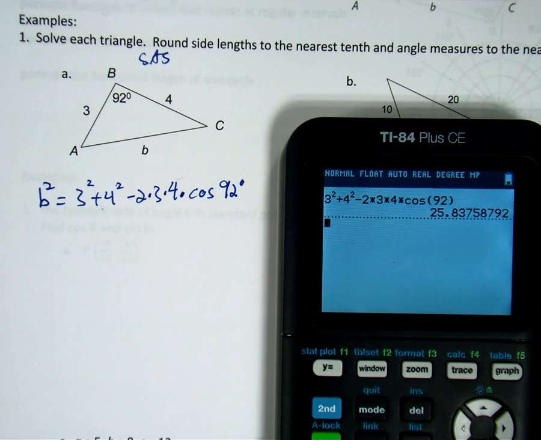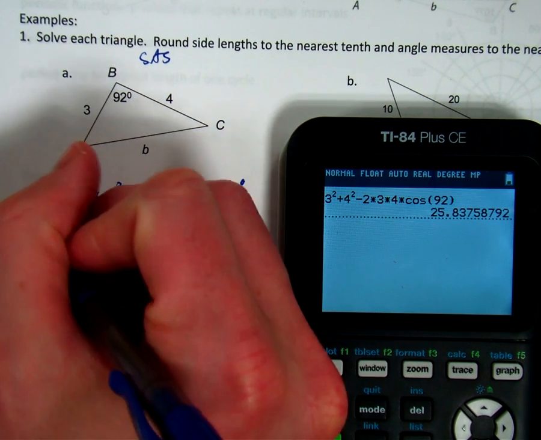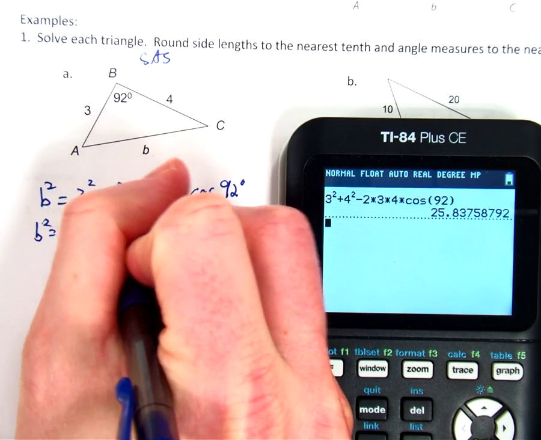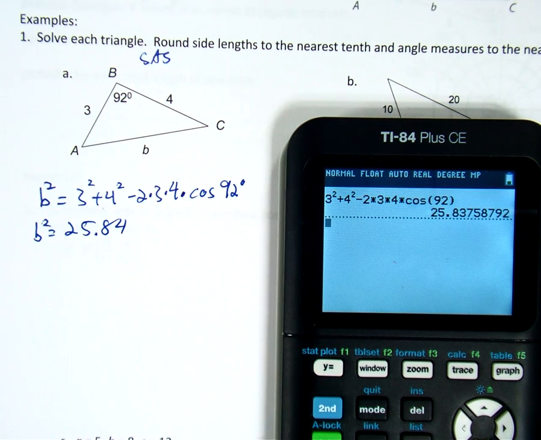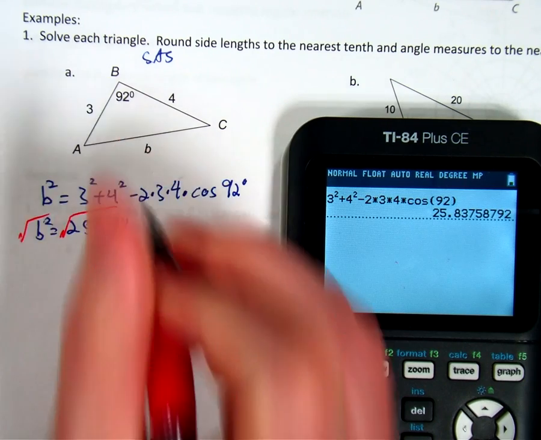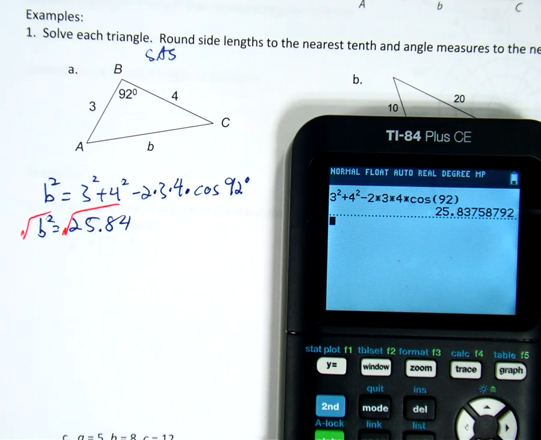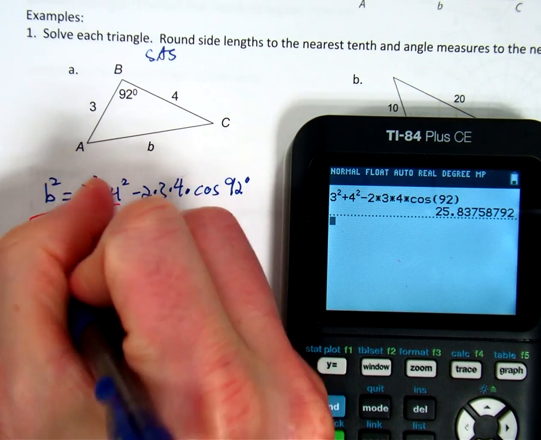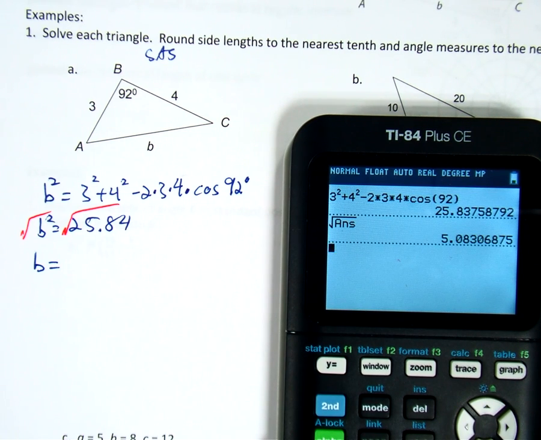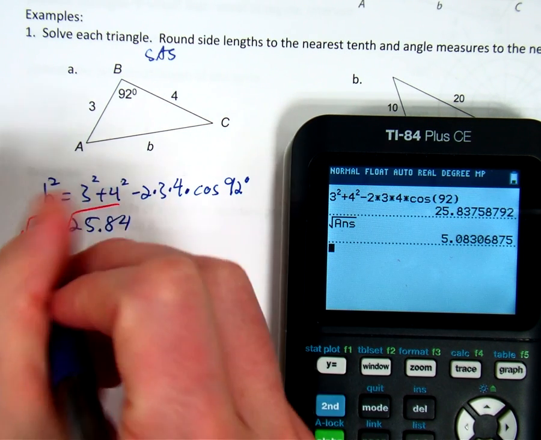Okay, 25.84, square root, and side B, second answer, is 5.1 to the nearest tenth.